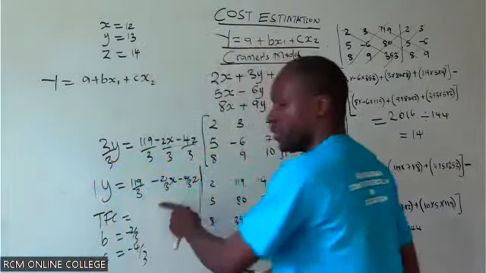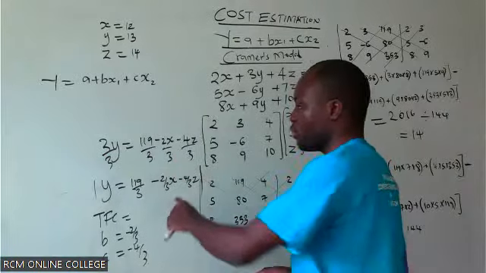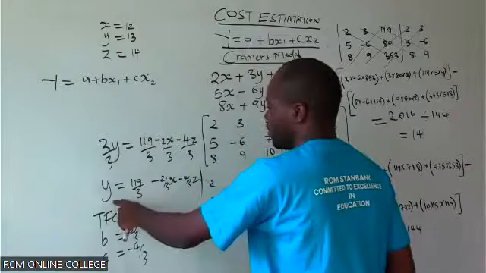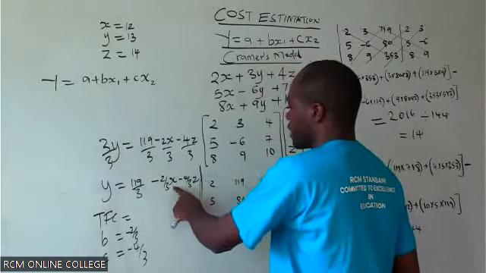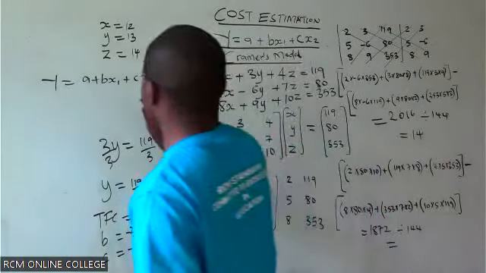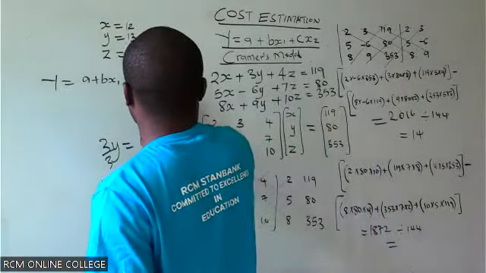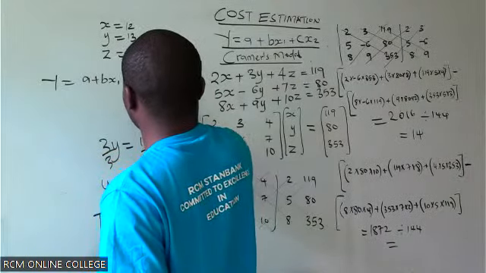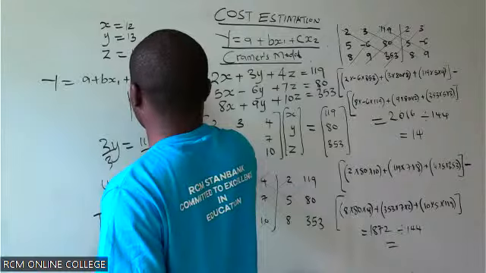Of course, now the independent variables which will determine the value of y are x and z. So in a question, the examiner will give you this. The examiner will give you the value of y, the values of x, the values of z.